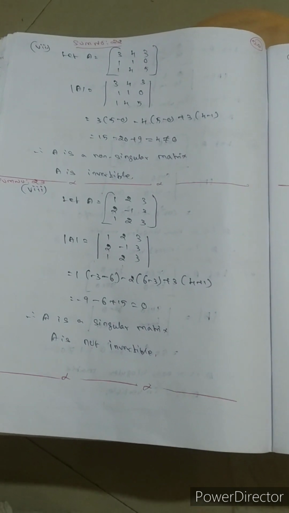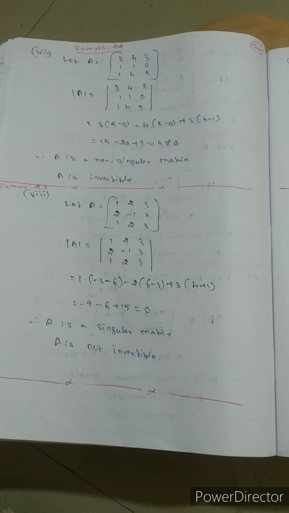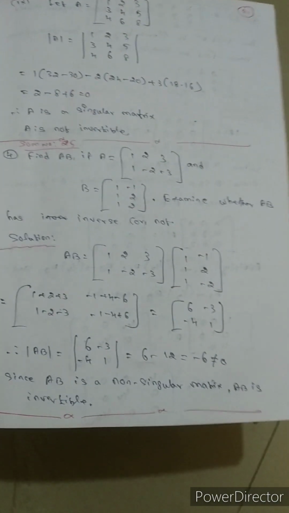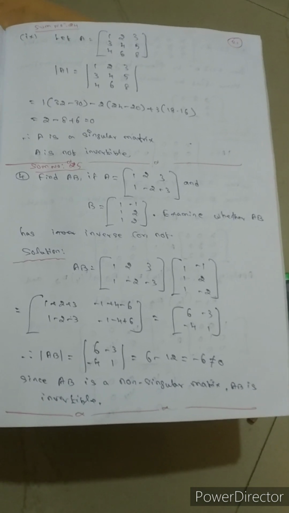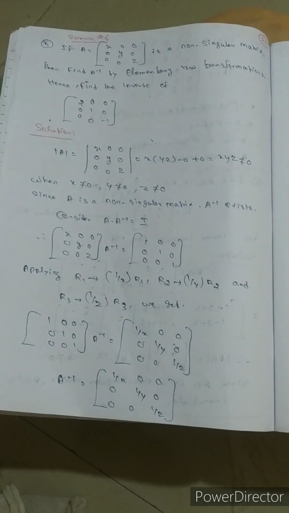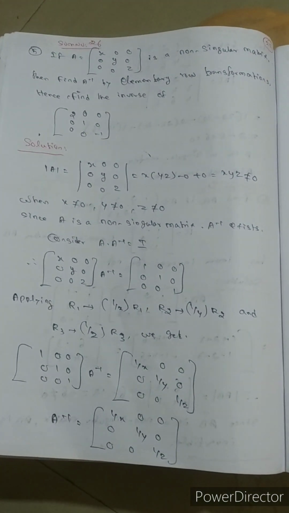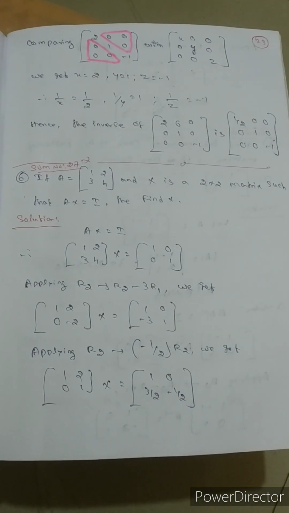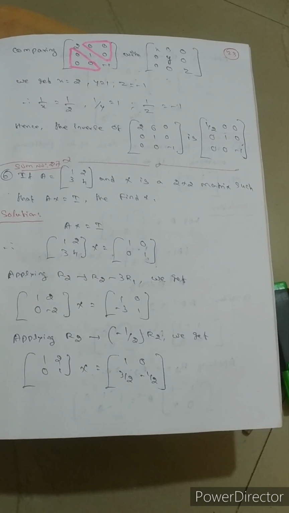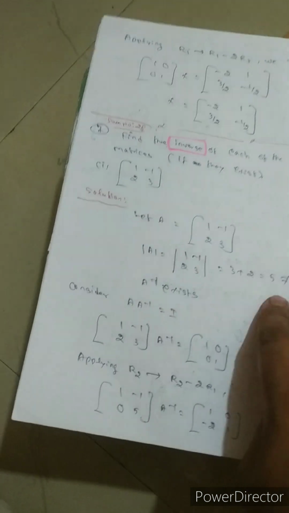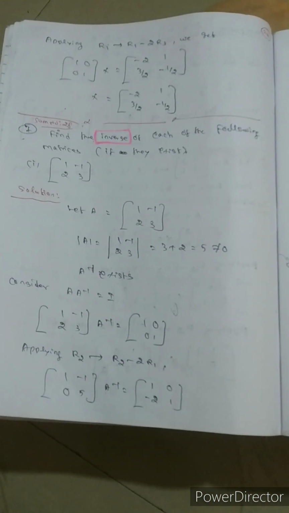Sum number 22, 23. Sum number 24, 25. Sum number 26. Sum number 27. Sum number 28.